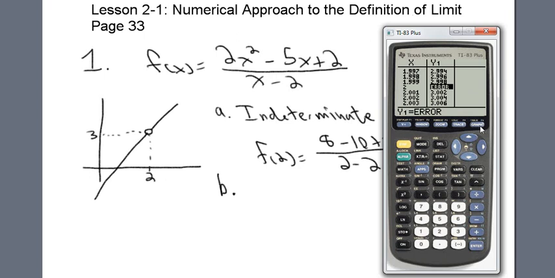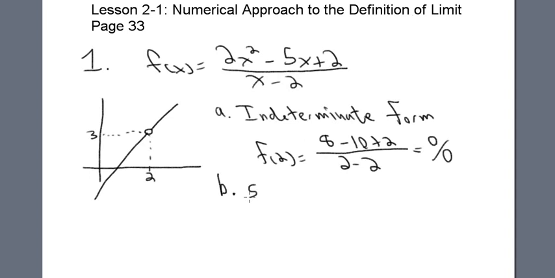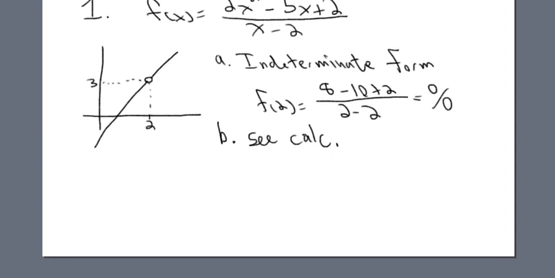If I hit graph, it's not going to pop up as an error, but we got to know that there is not a value right there at 2 and 3. Now, C asks us, so I'm going to go ahead and put for B, C calculator. You would have to copy it down, but for now I'm just going to put C calculator.